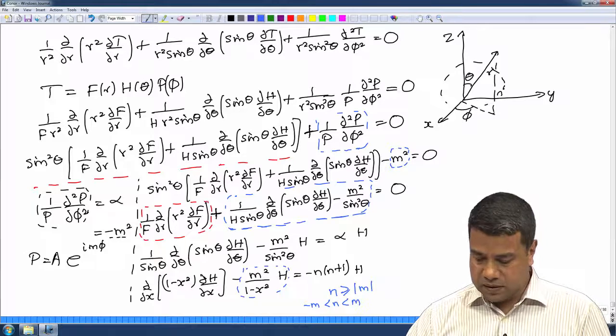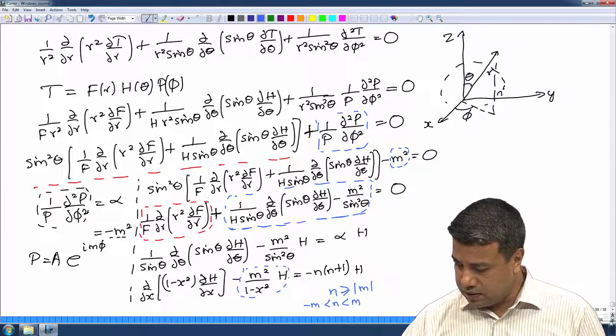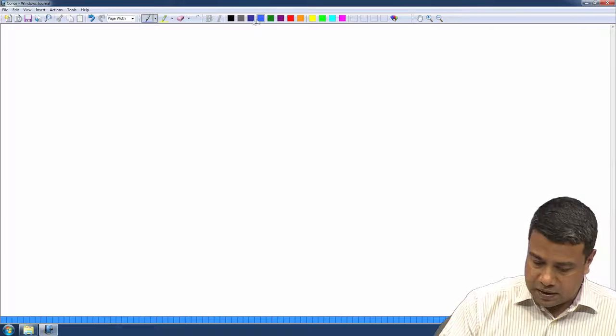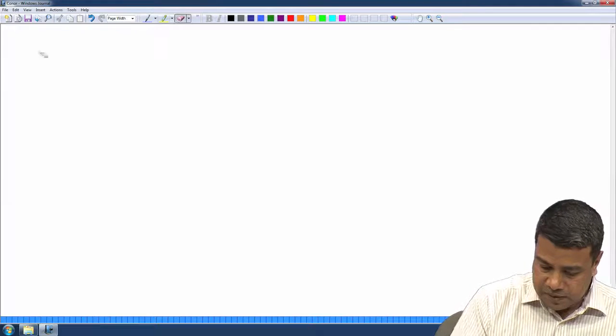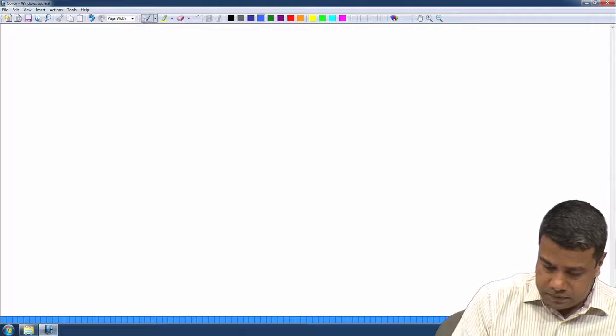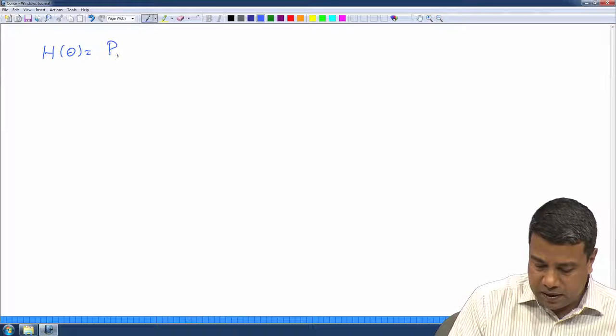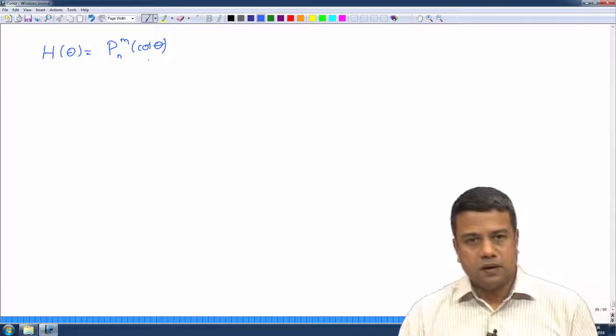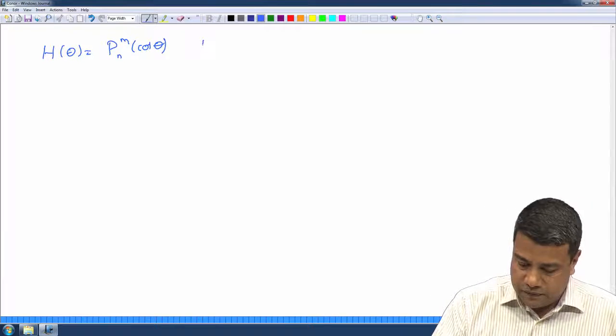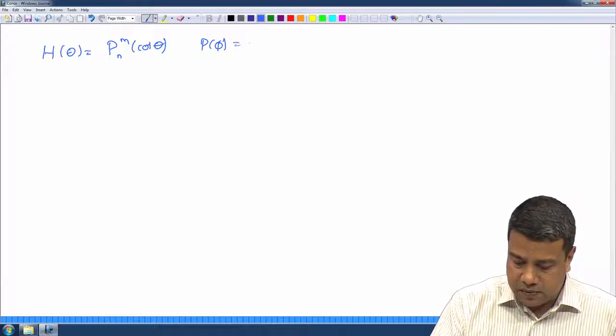With this, the solution in the theta direction will turn out to be h of theta is equal to P n m of cos theta, and the solution in phi was equal to e power I m phi.